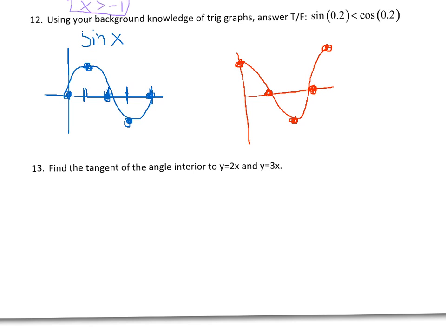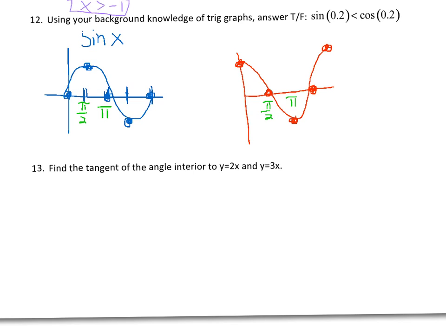So now we need to imagine where 0.2 is. If we think about pi over 2, maybe easier to think about pi. In decimals, pi is 3.14, so pi over 2 is about 1.57.